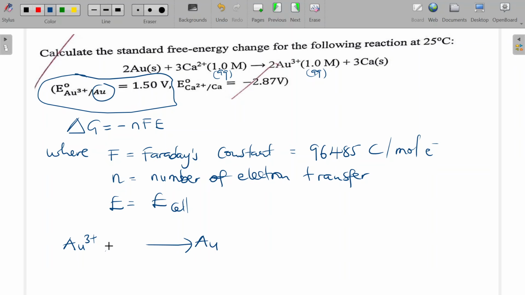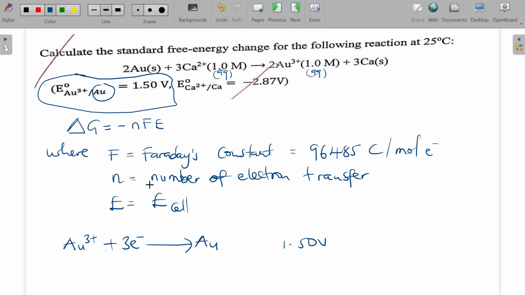So this is just telling us that it is gaining 3 electrons to become Au, like this. That is what is happening. So now the E value is 1.50 volts.